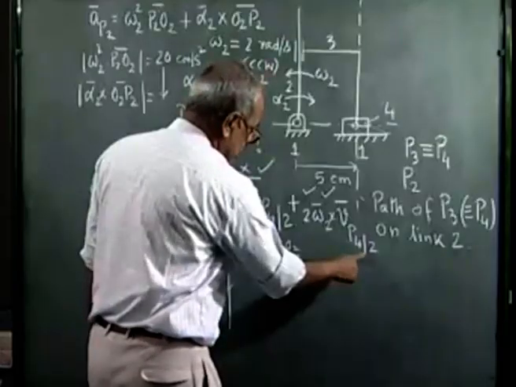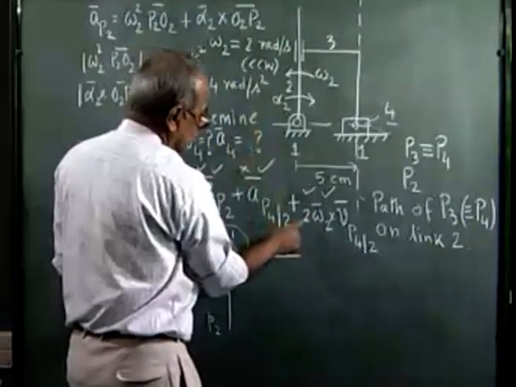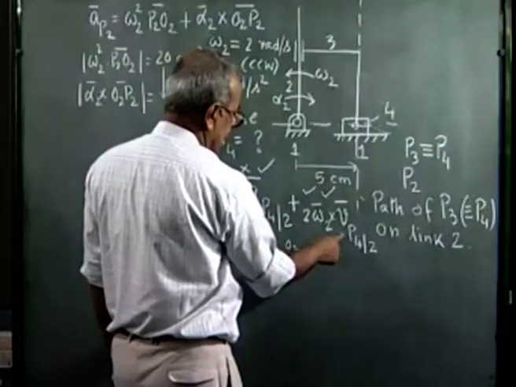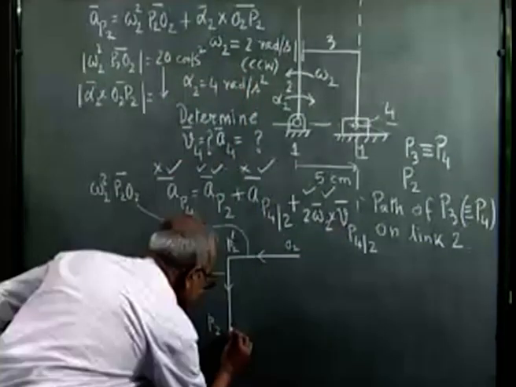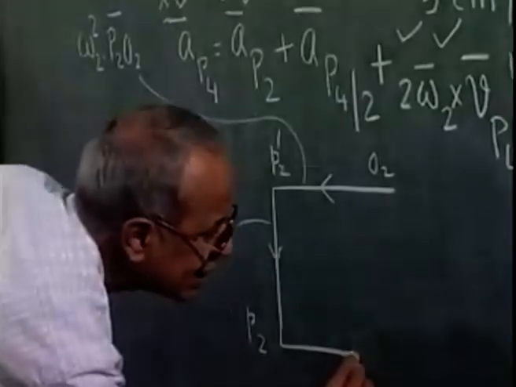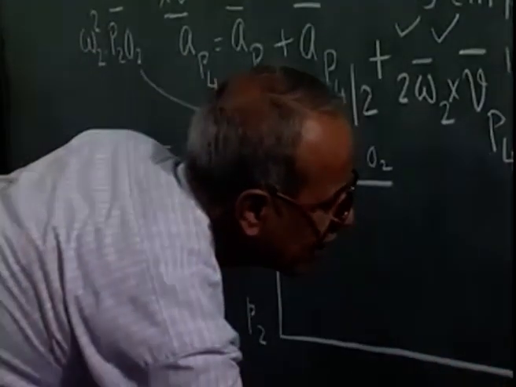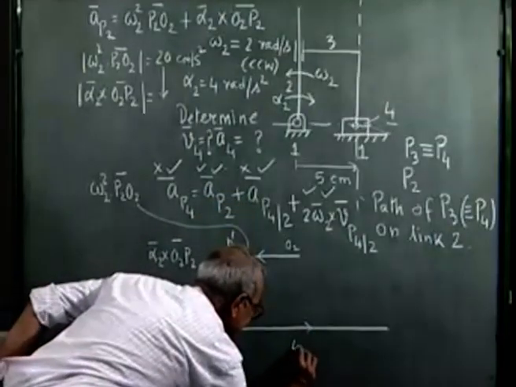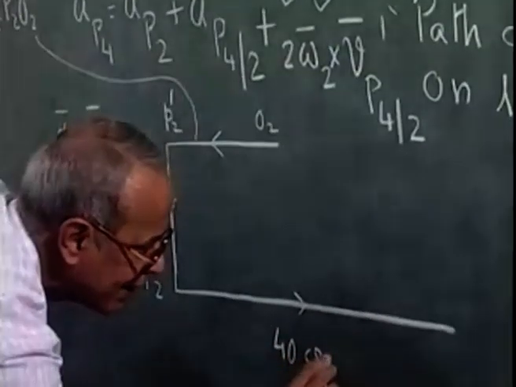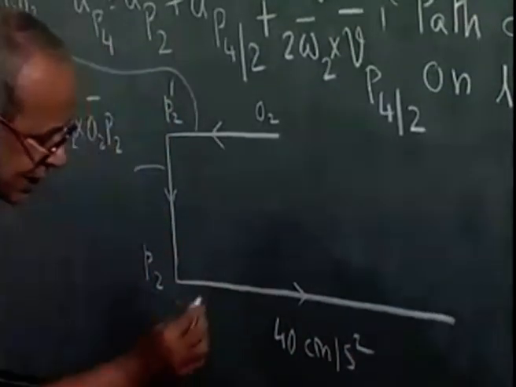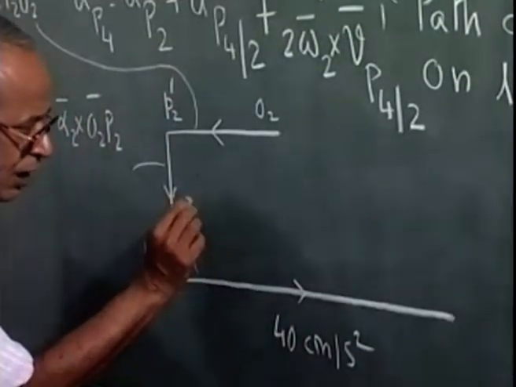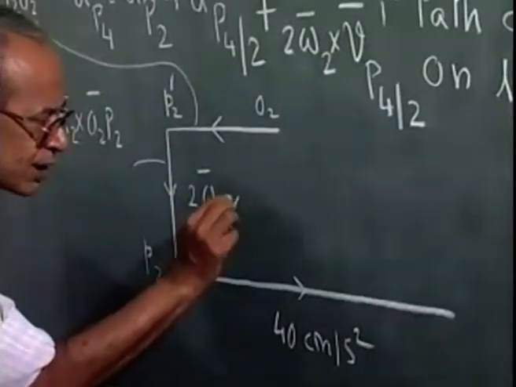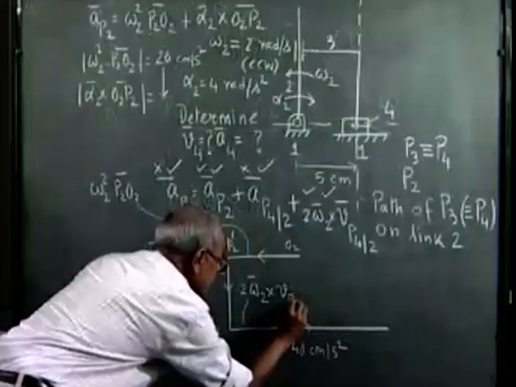Vp42 was 10, omega 2 is 2, so 2 into 2, 4 into 10, 40 centimeter per second squared, and it is in the horizontal direction, but double of this length. This is 40 centimeter per second squared, and this vector represents twice omega 2 cross Vp42.